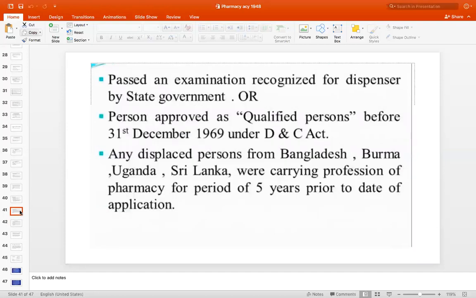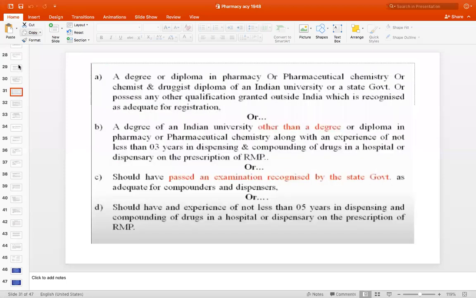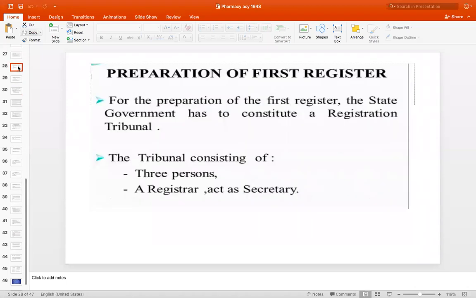Okay. In short, I will tell what is first register, subsequent, and the special one. So first register will have two groups of people, that is 3 persons and 1 registrar who will act as secretary.